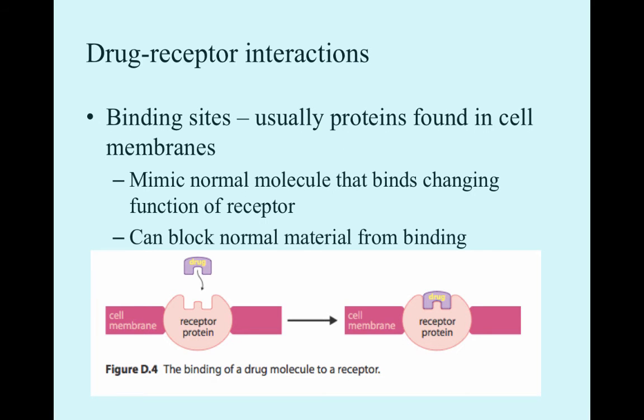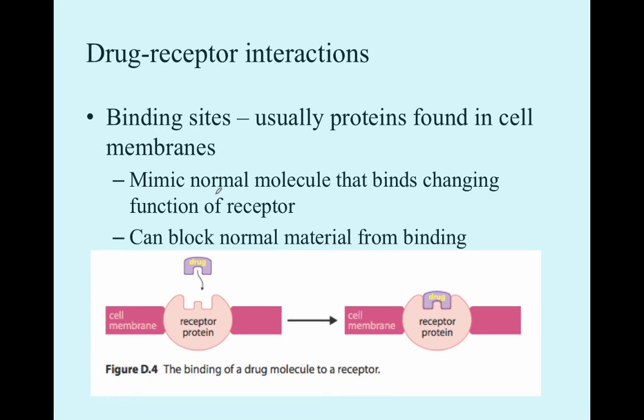All right, looking at drug-receptor interactions. There are things called binding sites, usually proteins found in cell membranes. And there are unique sites, and drugs are produced specifically to fit into the unique sites of the receptor proteins.